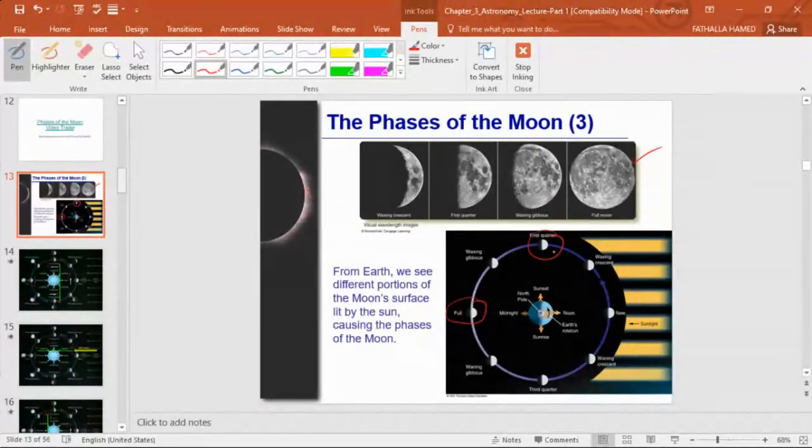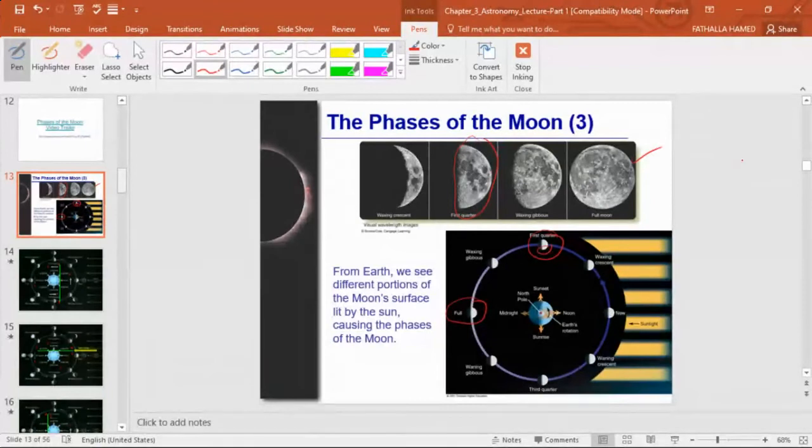Well, in this location here, half of the Moon is facing sunlight, but what's facing us is not the whole half, it's only a quarter of that. And that quarter to us looks something like this.